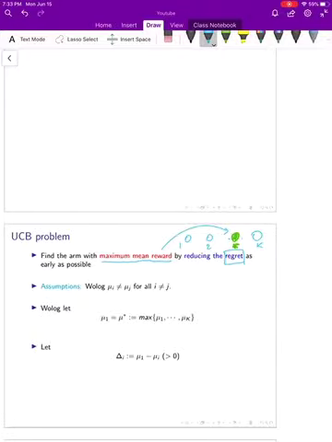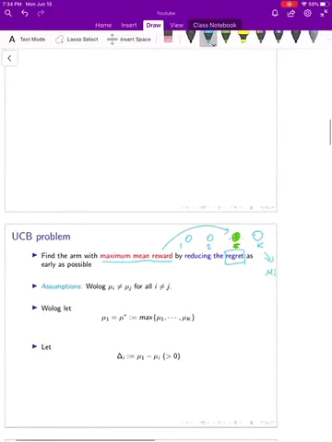These arms, as we saw earlier, have mean rewards mu_i. I mean, the ith arm has the mean reward mu_i, or let's say this is the kth arm, so this is mu_k, and so on.